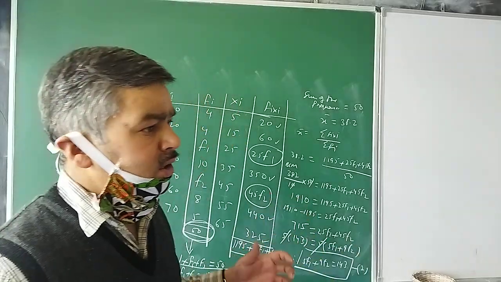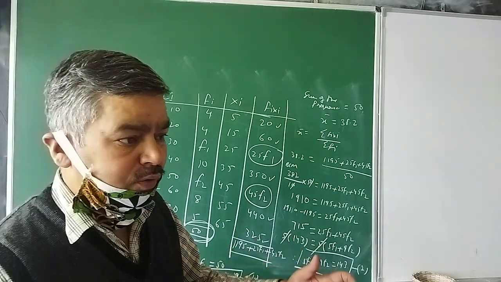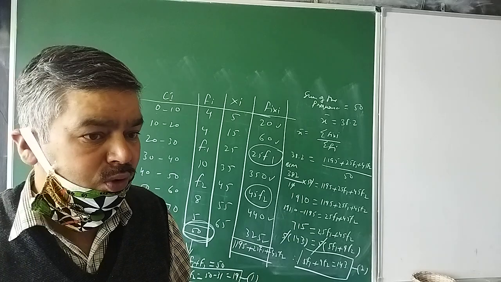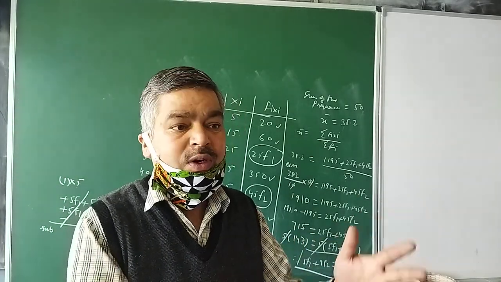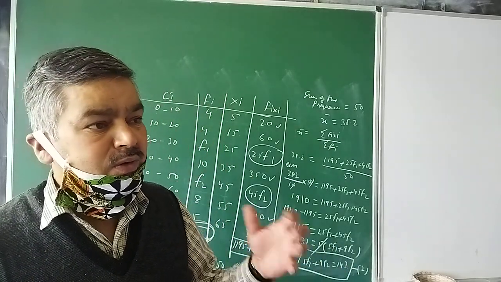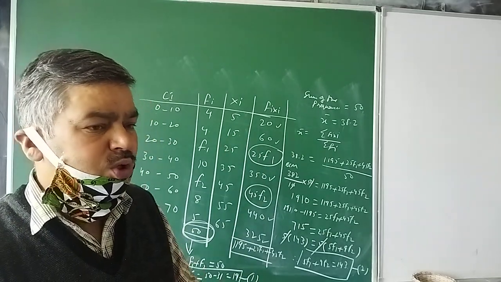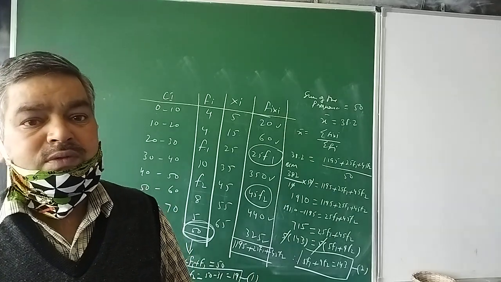So again you know that what is the sum of those frequencies. As I said, sum of the frequency will be given to you. Once you have calculated the mean in first practice, you know what is the mean of that. Please make a note of all those. What is the mean, what is the sum of the frequencies, and the same question you can practice in that way, how to calculate the missing frequencies.